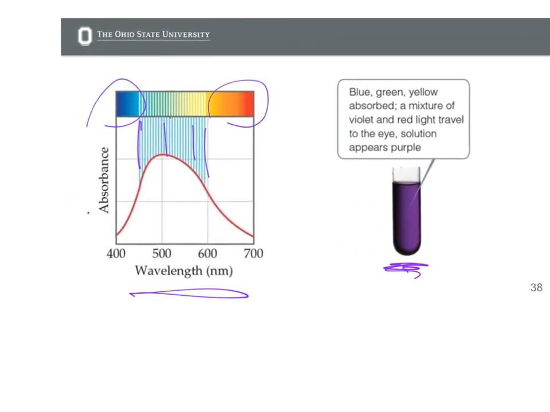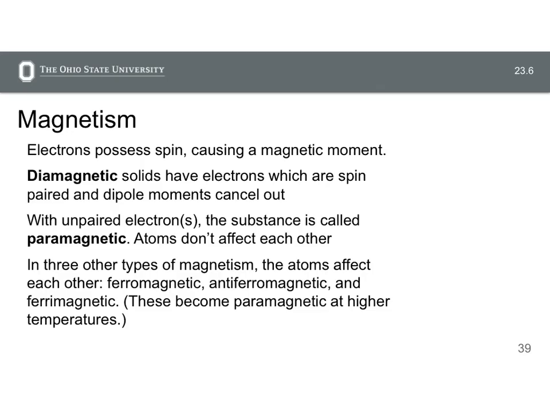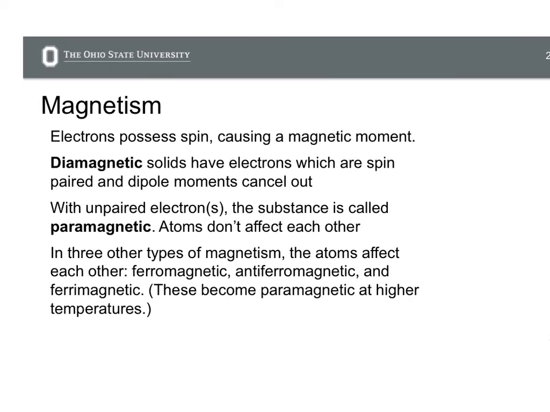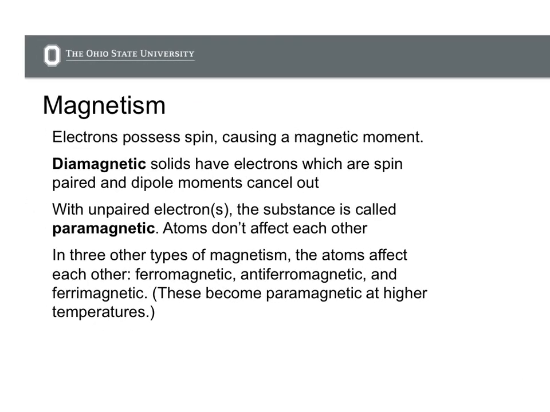Okay. I haven't got to any of the electronics of why that happens, but let's look a little bit at some background on magnetism. Magnetism occurs because compounds contain electrons which have spin and cause a magnetic moment. We have some general forms of magnetism.